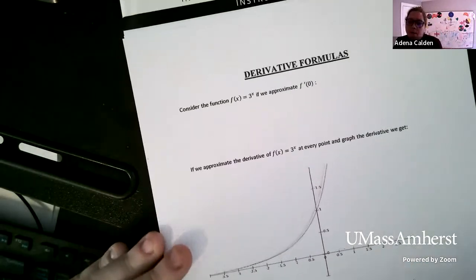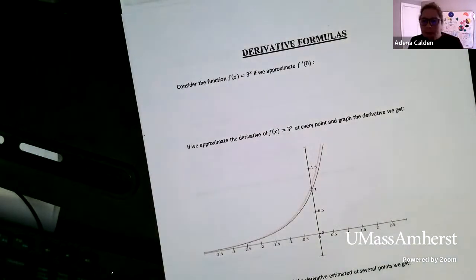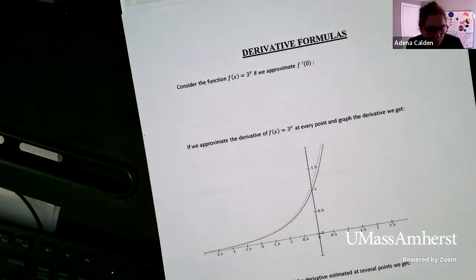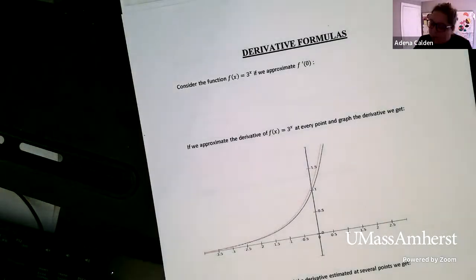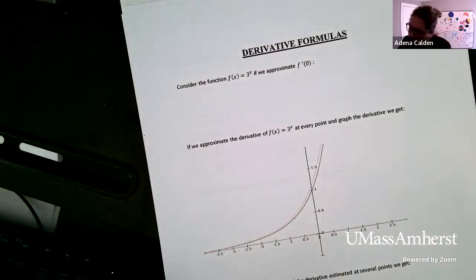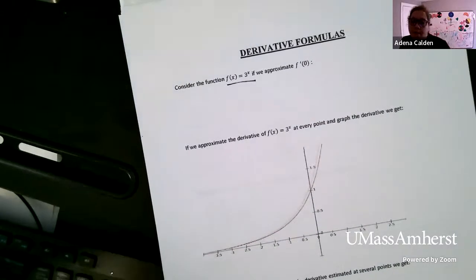We're still just building our formulas based on patterns that mathematicians have seen. When we look at exponential functions, I want to give you a visual so that the formula makes sense. Let's think about the function 3 to the x.